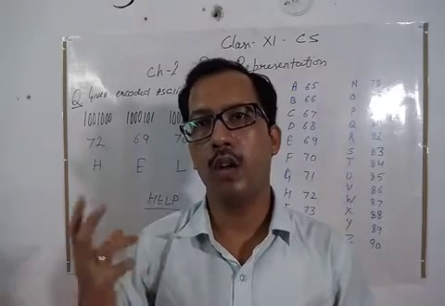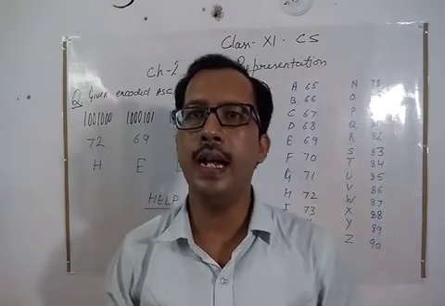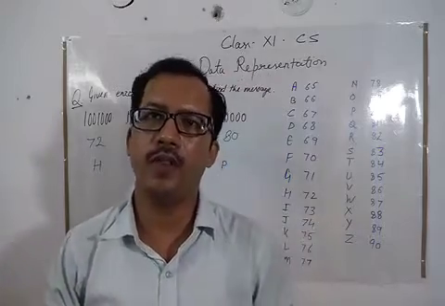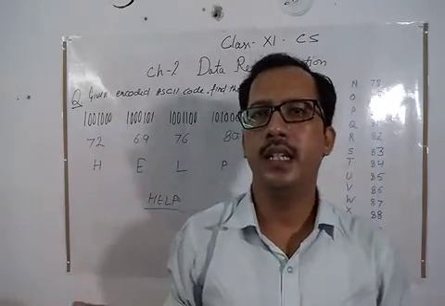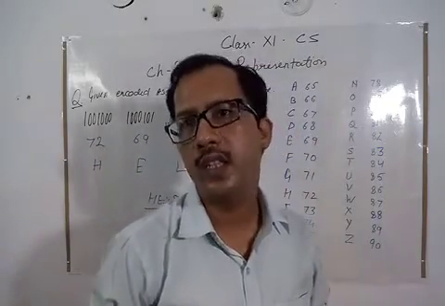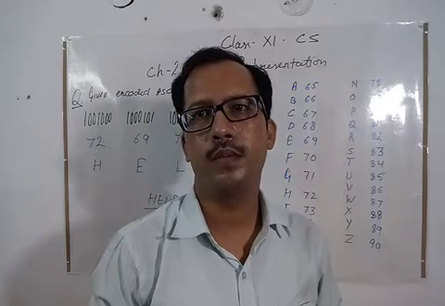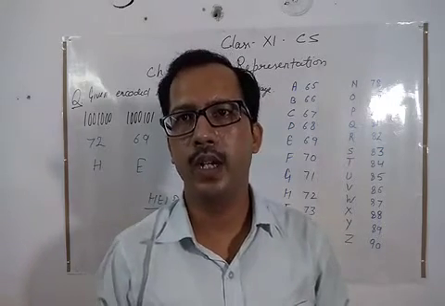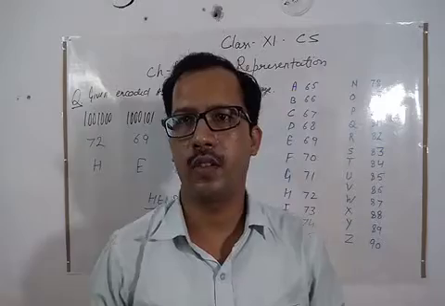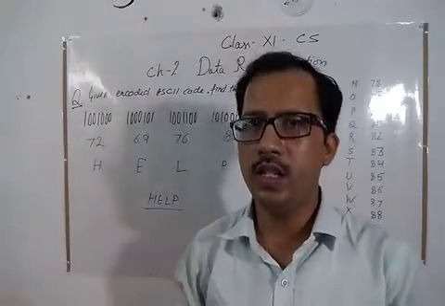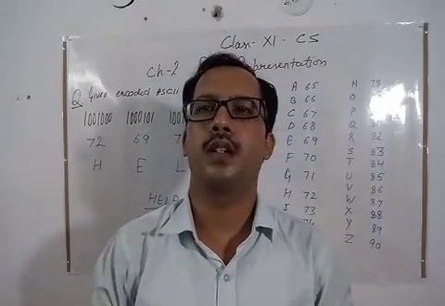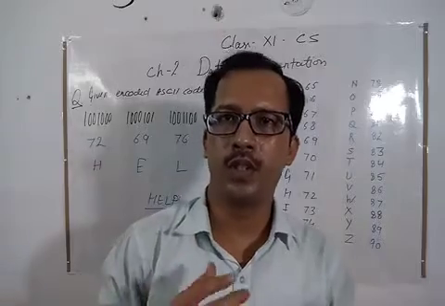The computer also uses Unicode and ISCII. ISCII is for various Indian languages like Hindi, Gujarati, Bengali, Tamil, Telugu, Malayalam, Udiya, Kannada, etc. And Unicode is a universal code for all computer systems.